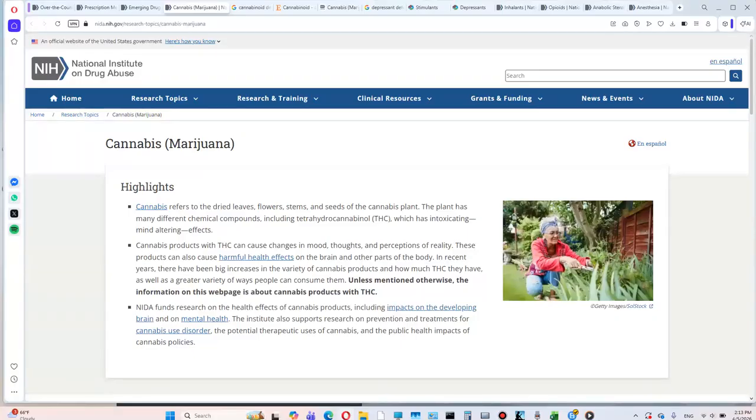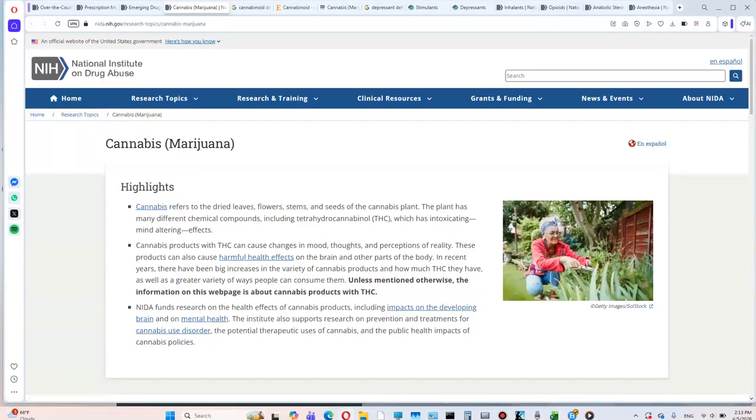In recent years, there have been big increases in the variety of cannabis products and how much THC they have, as well as a greater variety of ways people can consume them. Unless mentioned otherwise, the information on this webpage is about cannabis products with THC.